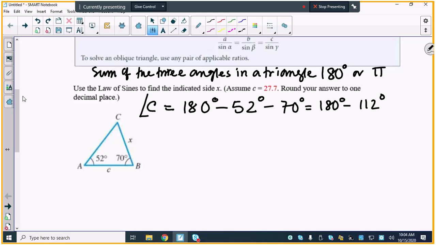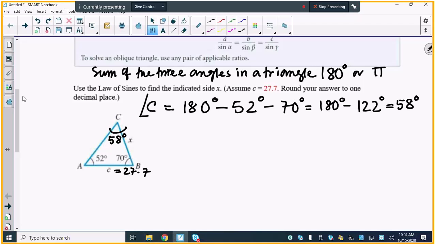In fact, I should have said 122 degrees. Then the subtraction will give me 58 degrees. That is this angle over here. This is important for us to know, because now we are in a position to use the sine rule. Remember, the side c is equal to 27.7.